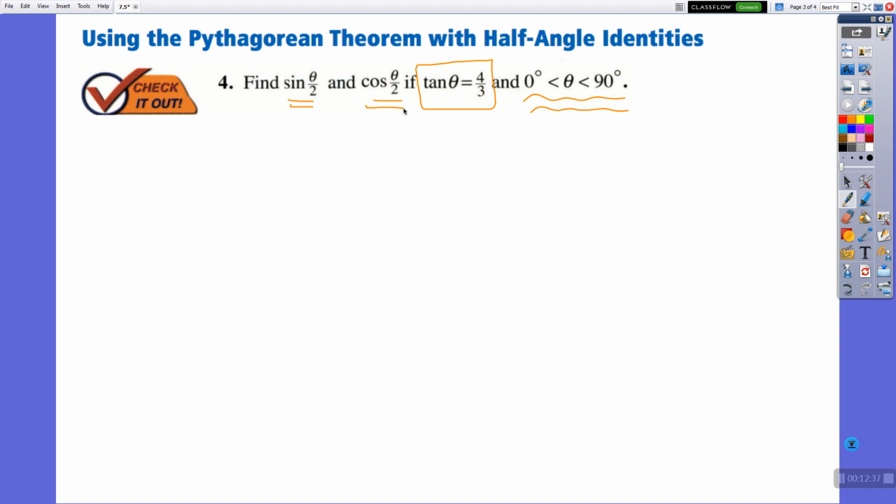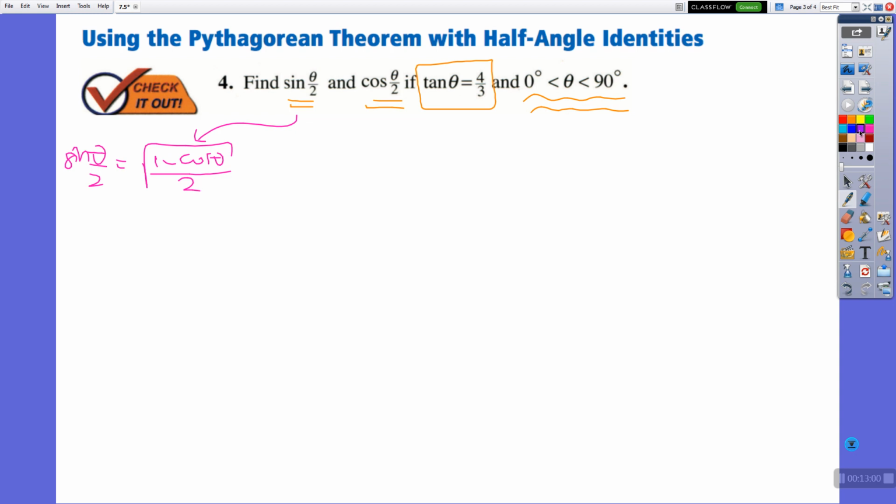Let me write the formula for both first. Formula for sine theta over 2 is square root of 1 minus cosine theta over 2.